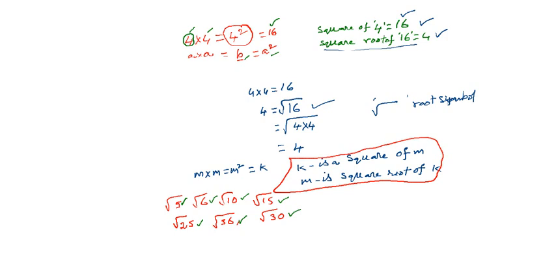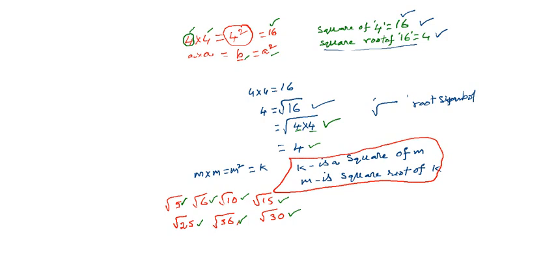What is our condition? In the previous example, if there is 16 under the root symbol, when it is possible to write the product of 2 equal factors, like 4 into 4, then we take 4 as the square root of 16.